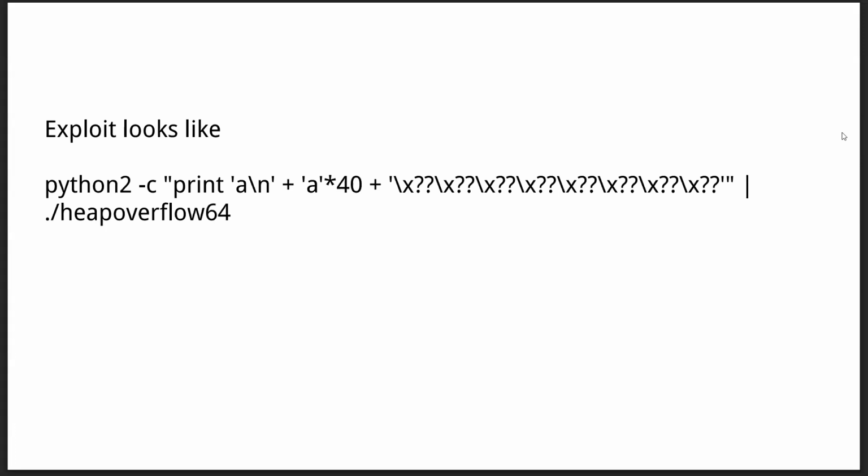So from here to here will be just before. So what's the size of the buffer? For 32-bit it's 28. Yeah, okay. And then overwrite the function address.